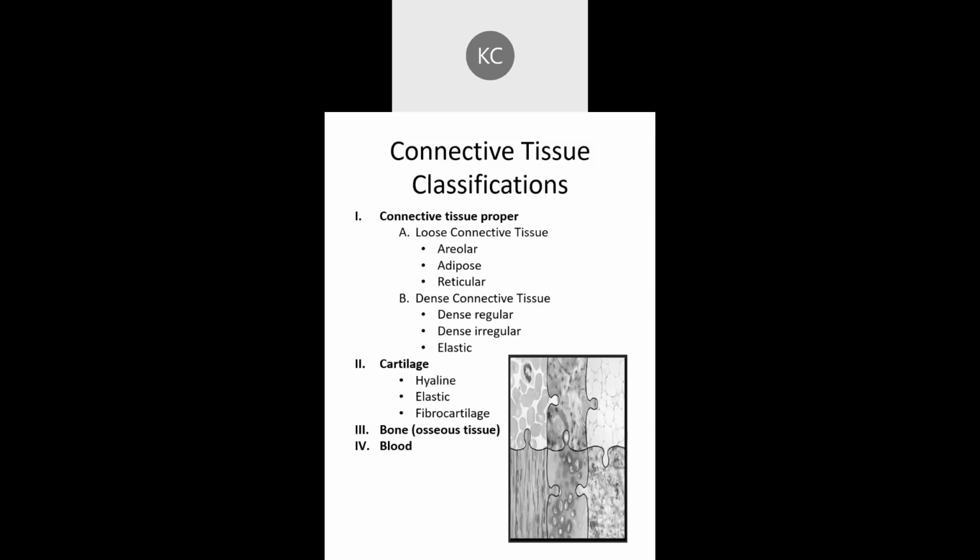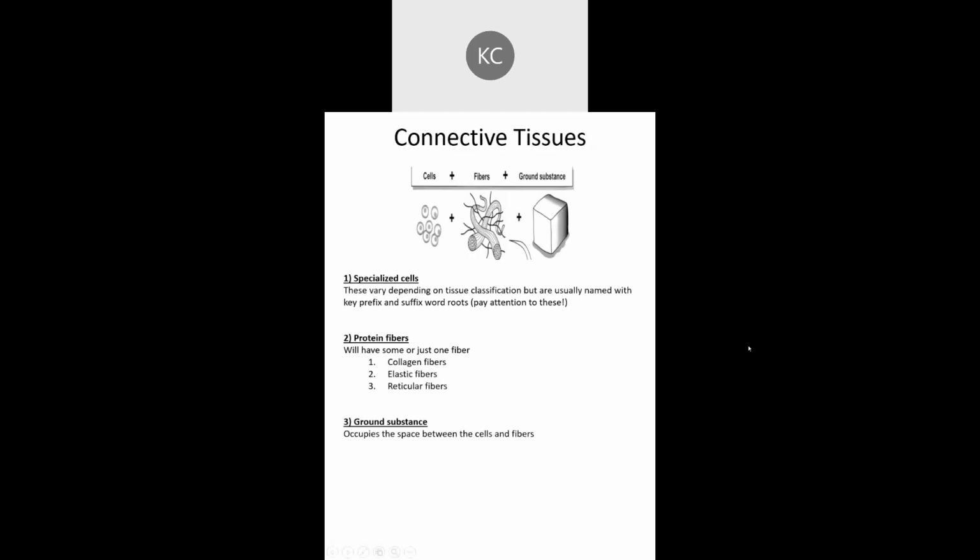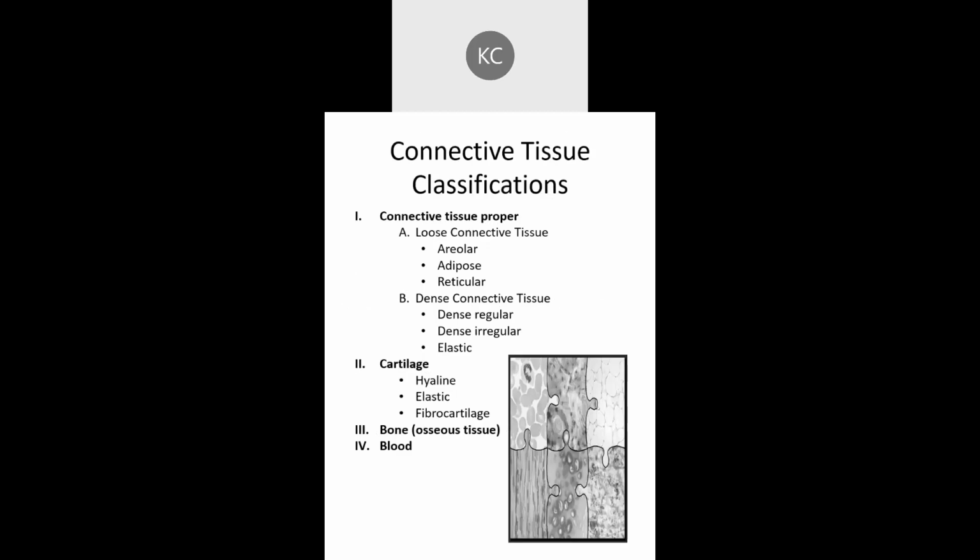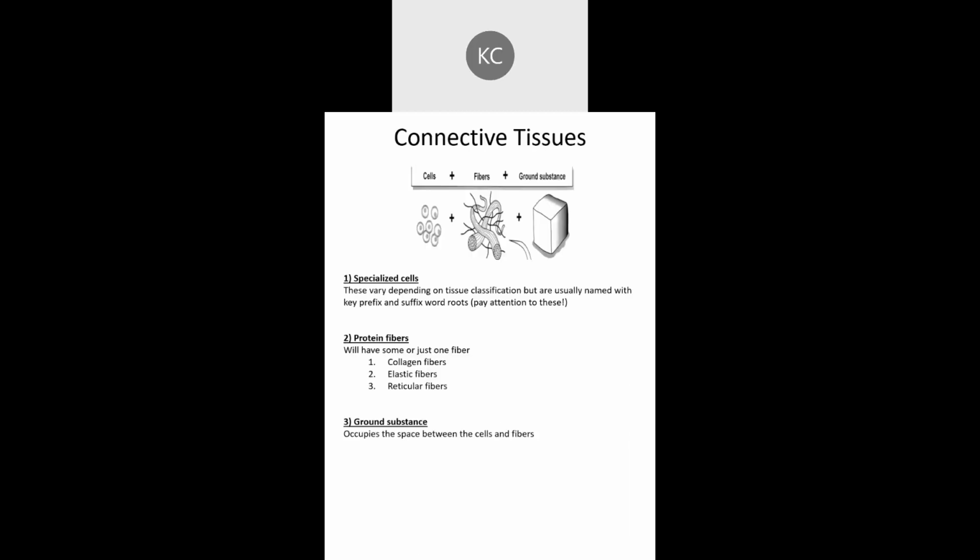We'll go through these four different types of connective tissue: connective tissue proper, cartilage, bone, sometimes called osseous connective tissue, and blood itself. Talking about connective tissues in general, all of these types are going to have the same things: some type of cell, some type of protein fiber, and something called ground substance.